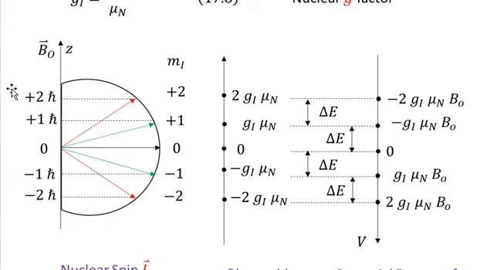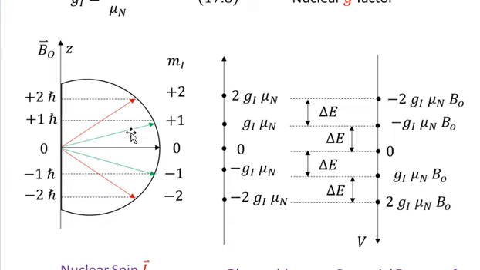And I have shown these 5 spin angular momenta vectors, and their projections on the vector B naught, or along the z direction, are given by 2h bar, 1h bar, 0, minus 1h bar, and minus 2h bar.